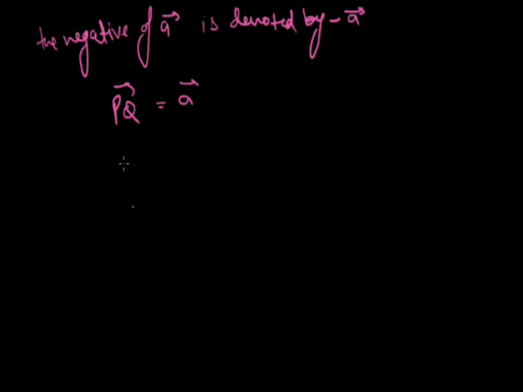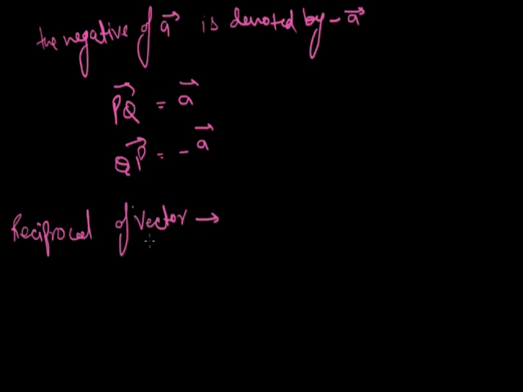If PQ vector is A vector, then QP vector is minus A vector. The next type is the reciprocal of a vector. The reciprocal of a vector is denoted by A inverse. If the magnitude of vector A is A, then the magnitude of A inverse is 1 by A.